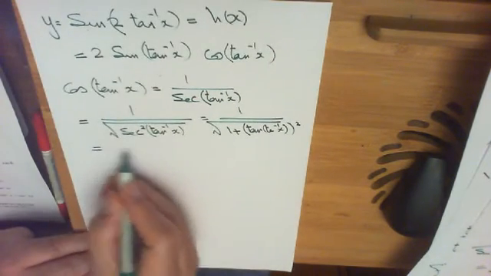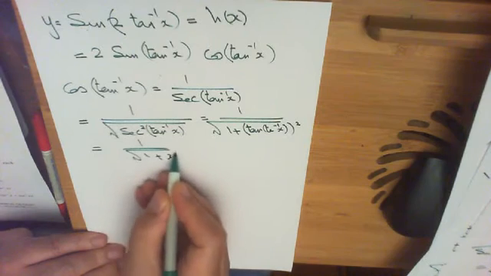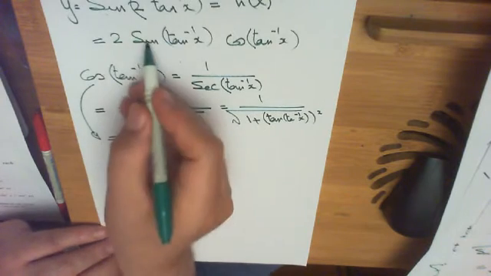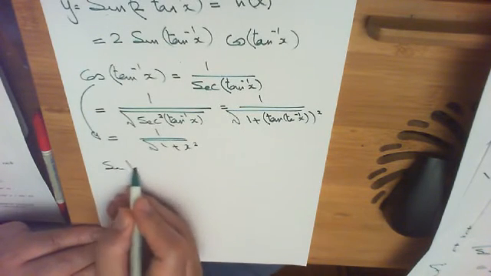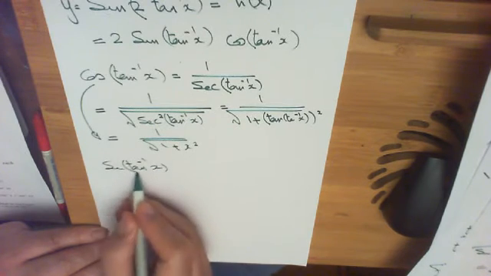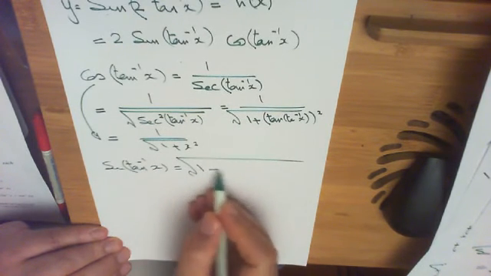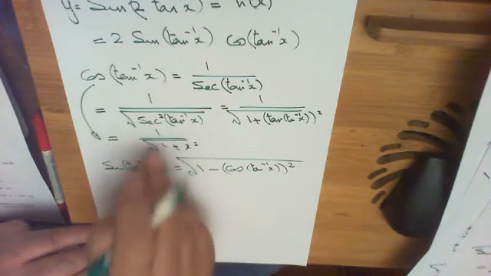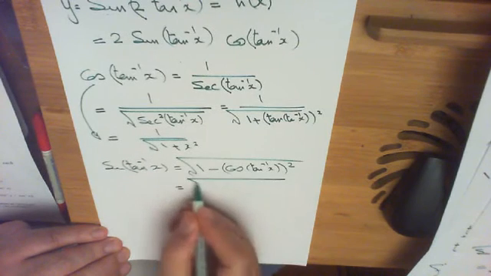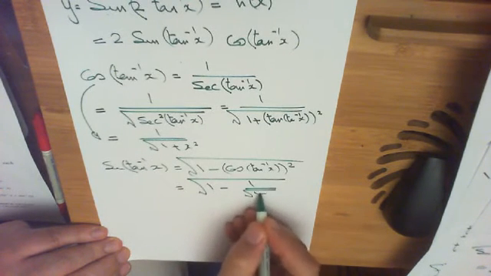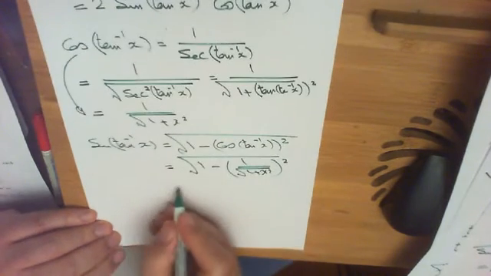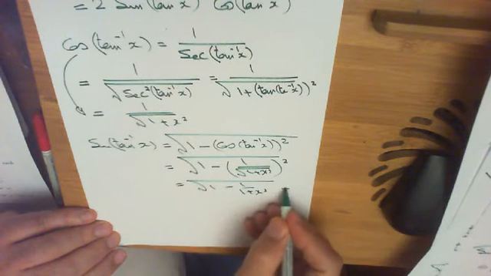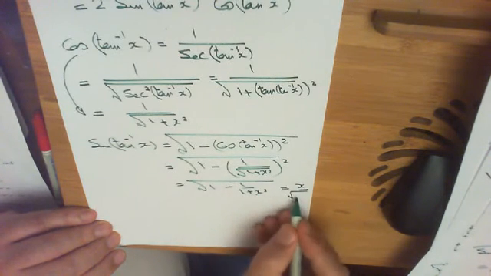So we will have 1 over the square root of 1 plus x squared. This is the cosine. What about the sine? Sine tan inverse x is simply the square root of 1 minus cosine tan inverse x all squared. But this is cosine tan inverse. So square root of 1 minus 1 over 1 plus x squared, which is 1 minus 1 over 1 plus x squared. Simplify, you have x over the square root of 1 plus x squared.